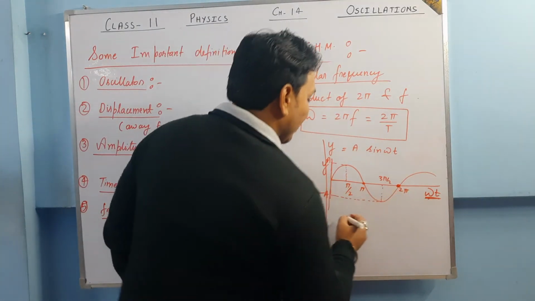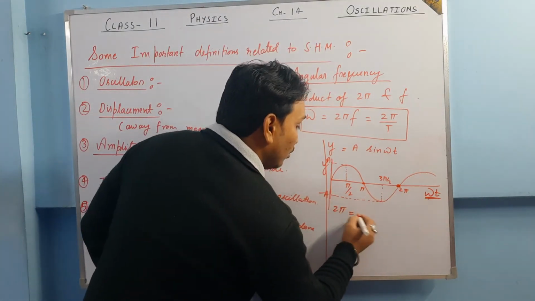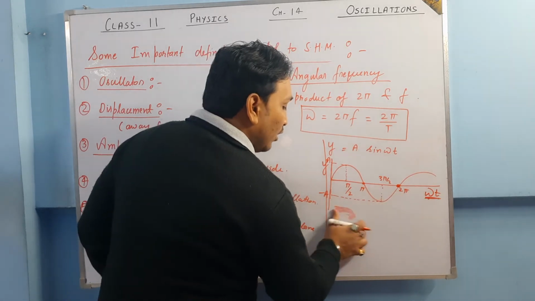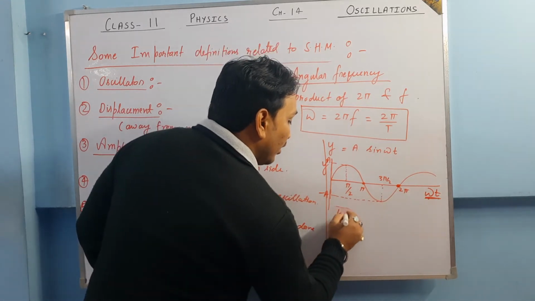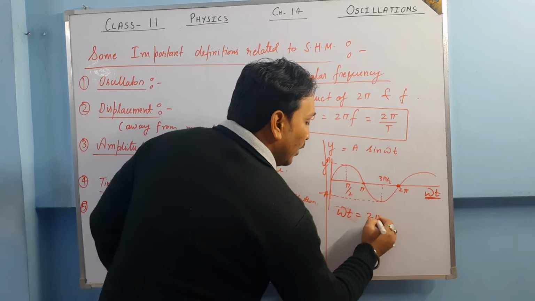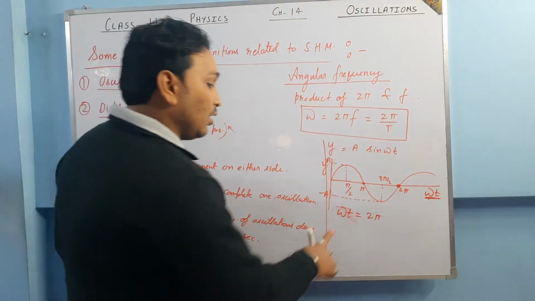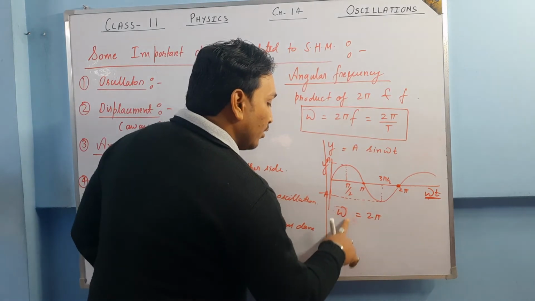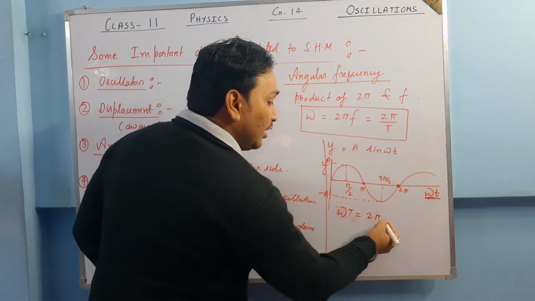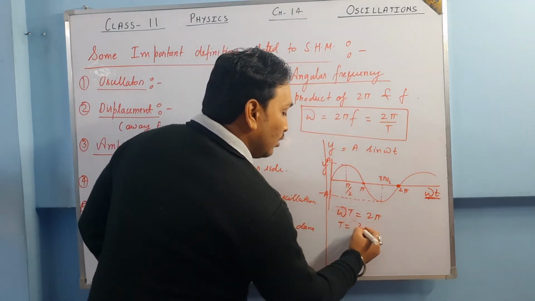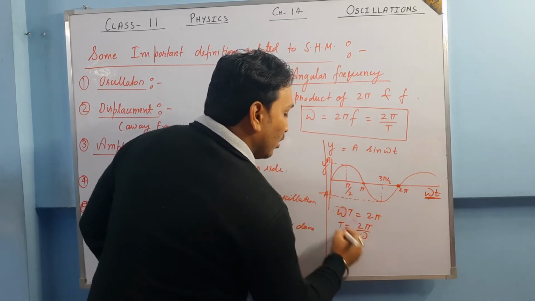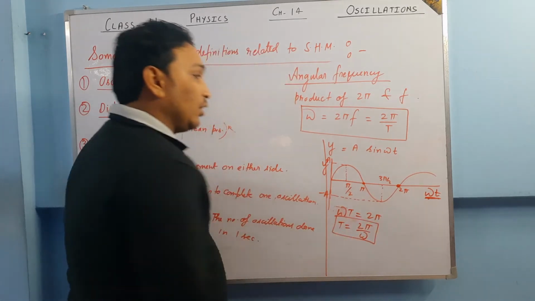What is the value of omega t over here? Omega t is equal to 2 pi. Since this is the time taken to complete one oscillation, I must write capital T over here. So omega capital T is equal to 2 pi, so T is equal to 2 pi by omega.